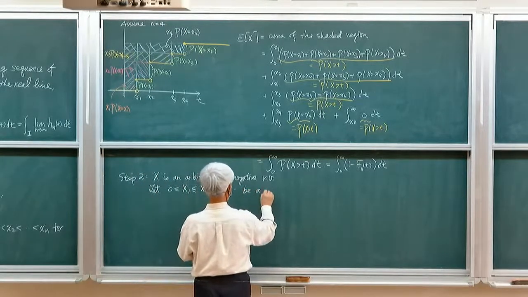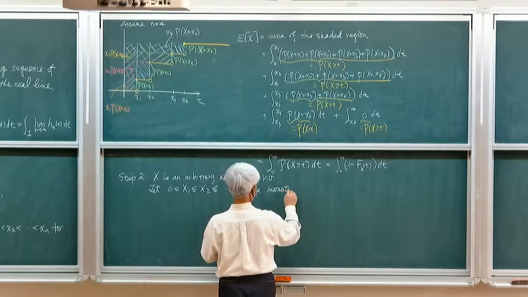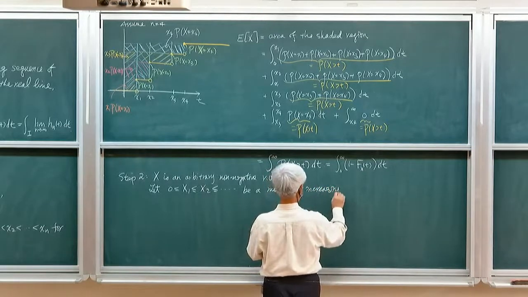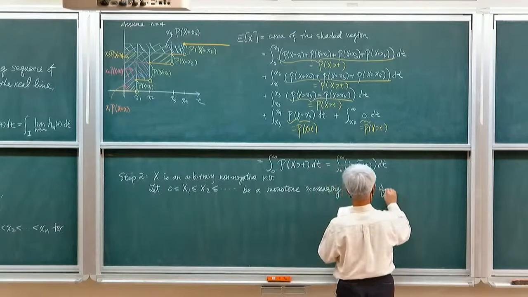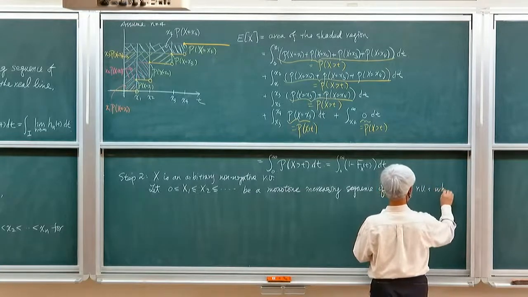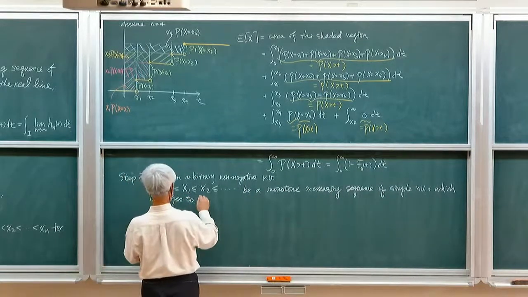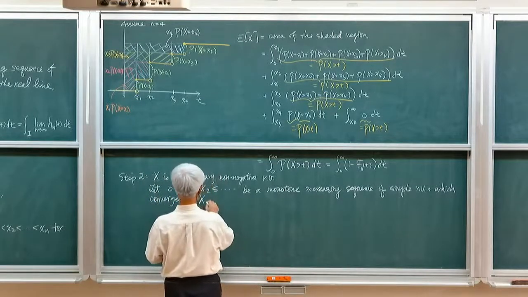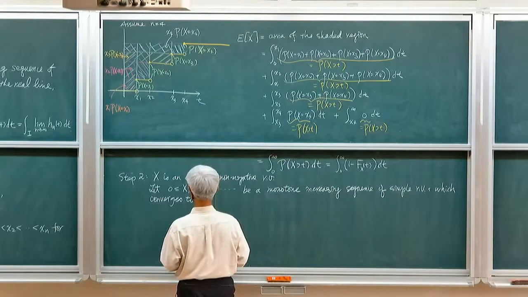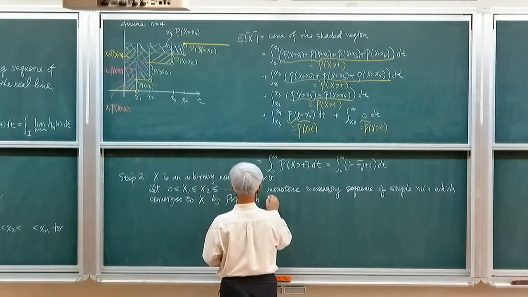So now we let Xn be a monotone increasing sequence of simple random variables which converges to X. All right, by proposition 5.2.c.